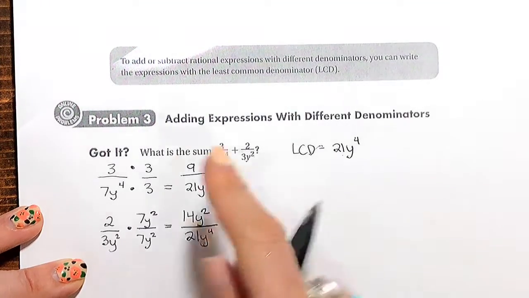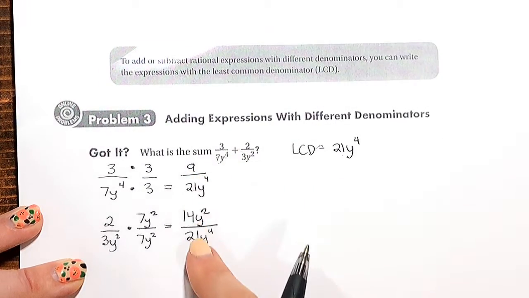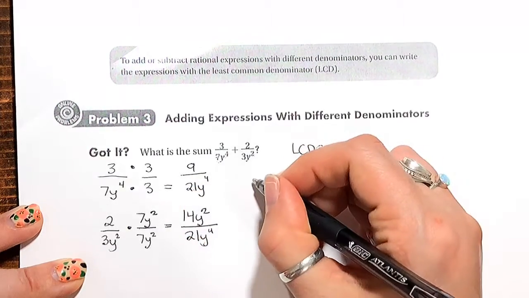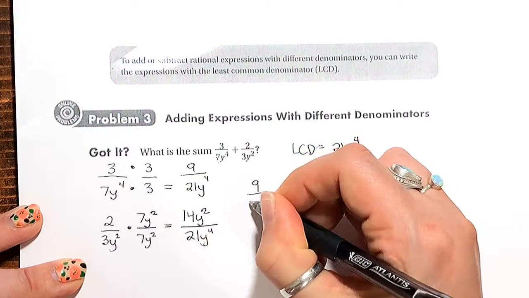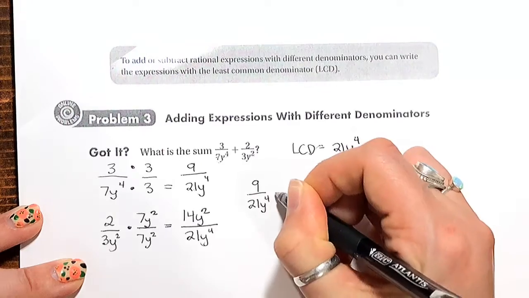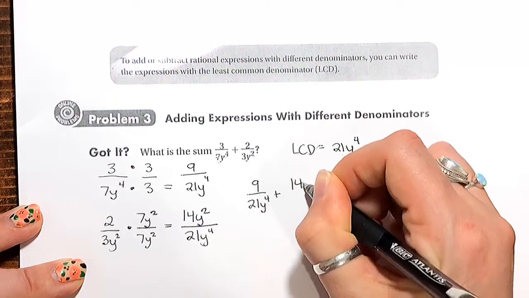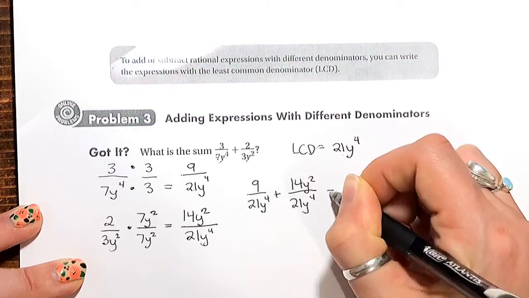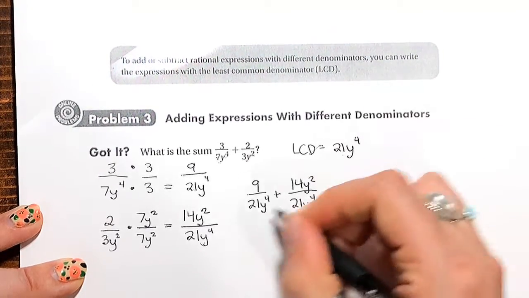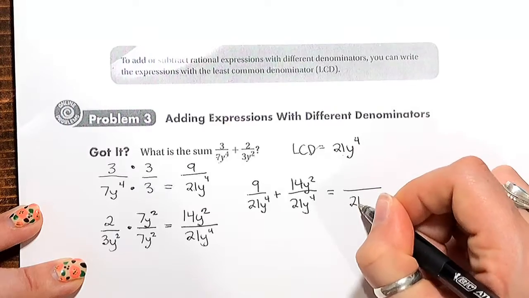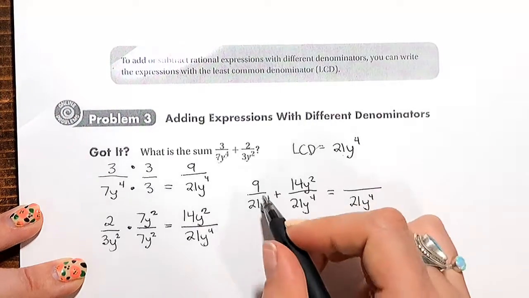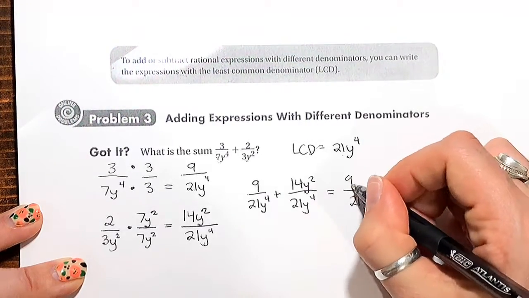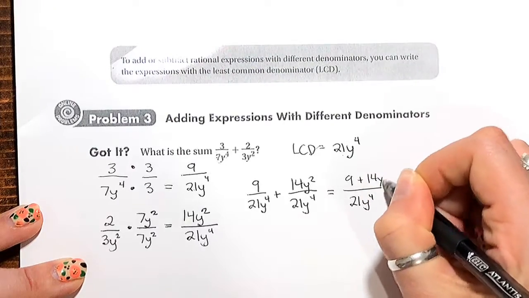So we're just going to rewrite the original problem using these two new fractions so that we have a common denominator. So we're going to have 9 over 21y to the 4th plus 14y squared over 21y to the 4th. And so our answer, we just keep the common denominator, 21y to the 4th, and then we're going to add those numerators, 9 plus 14y squared.